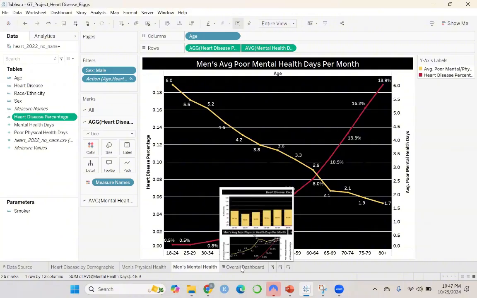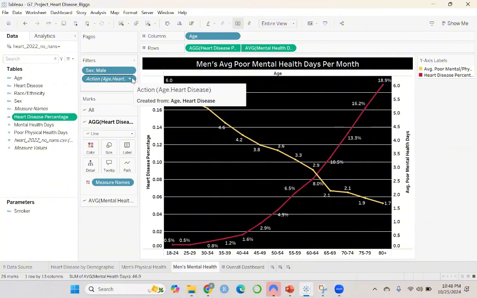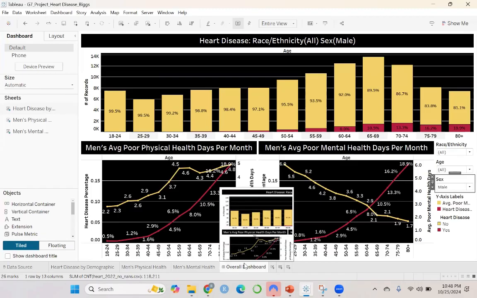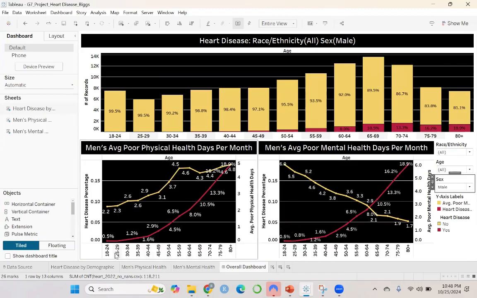All right. And we'll go over to the dashboard real quick, just to see the overall appearance of the dashboard again. So yeah, we kept the bar chart on top just because this was basically our main point where we derived that we wanted to exclusively focus on men because heart disease is twice as prevalent among men than women.